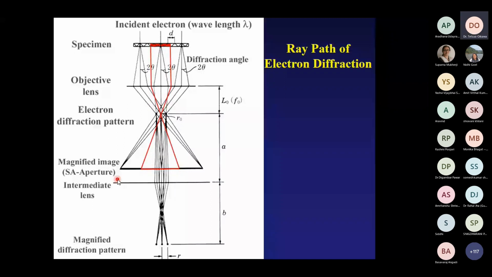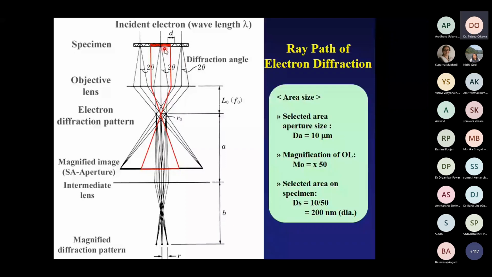In the image plane, we can install the selected area aperture, a small mechanical aperture. We can limit the field of view. Then this corresponds to the specimen position as the selected area size, like this.